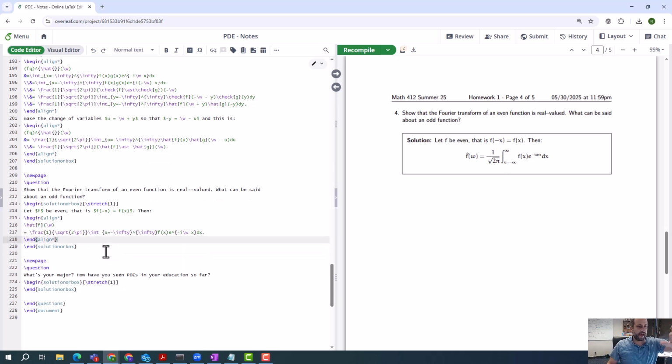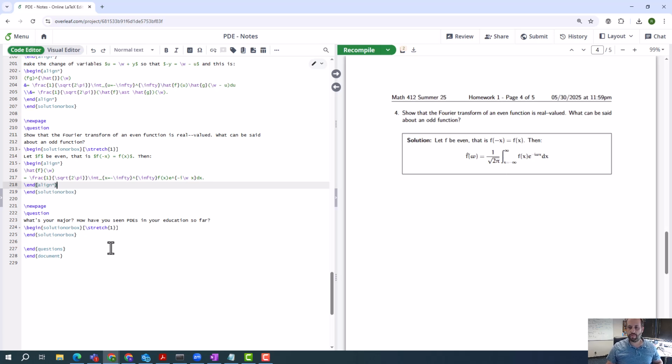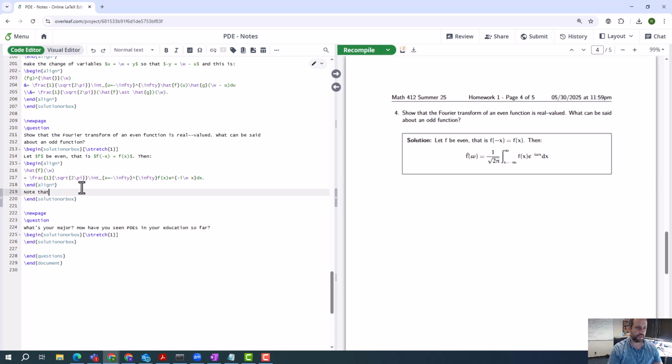A similar thing is the following, which I just thought of, because I think this one will be a little better for us to use for the question about the odd function. Note that the real part of a complex number z is z plus z bar over 2.